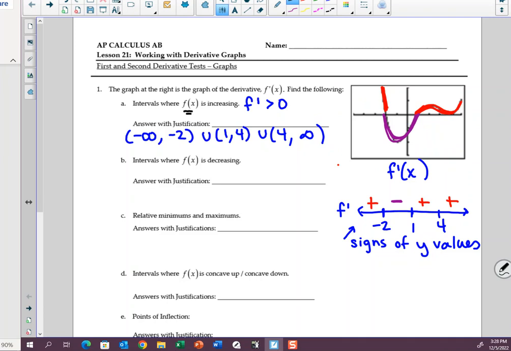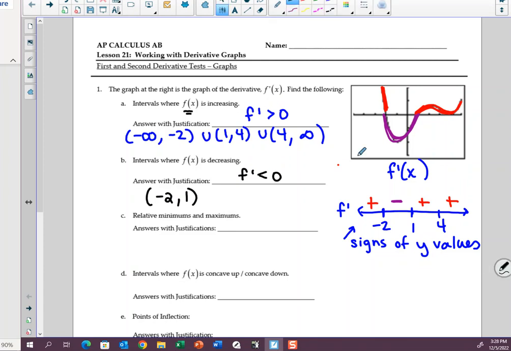And we don't have a visual of f to go by. But we do know the sign of the derivative of f. F prime is negative whenever f is decreasing, and so I know f is going to be decreasing from -2 to 1. And essentially this basic statement here, f prime is positive, f prime is negative, that's our justification.